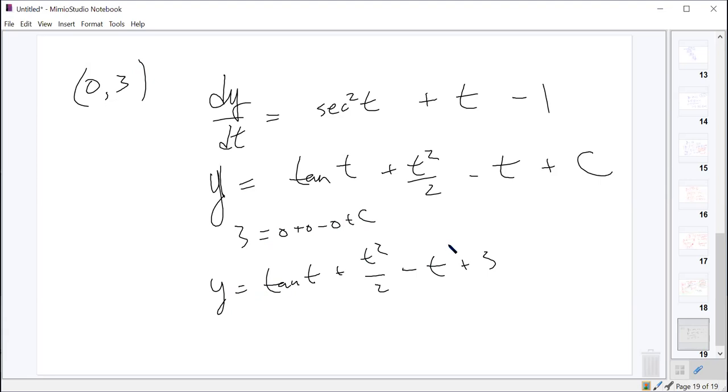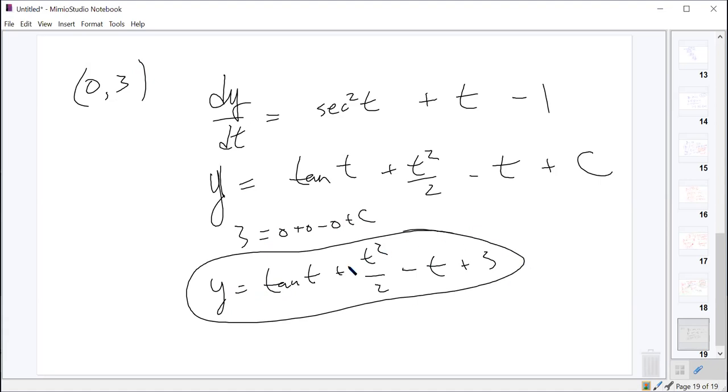We would then have to choose the piece of this function that is continuous and includes our initial condition. Tangent gives you a bunch of vertical asymptotes, not in x, but in t. t cannot be positive or negative pi over 2 times any odd integer, because that gives you asymptotes.